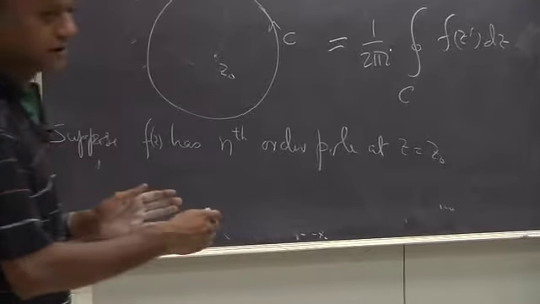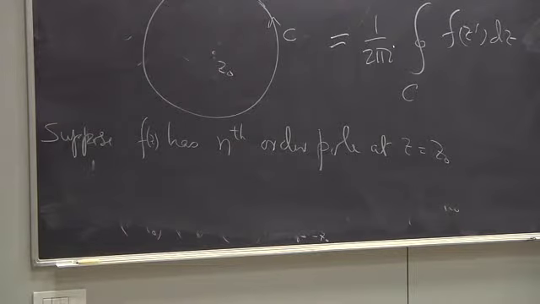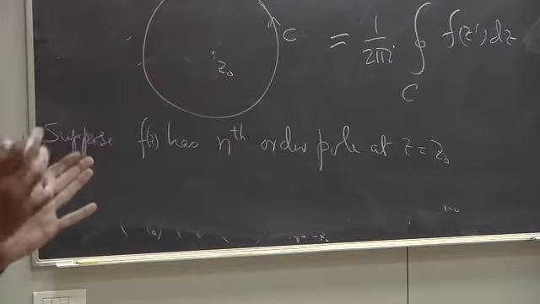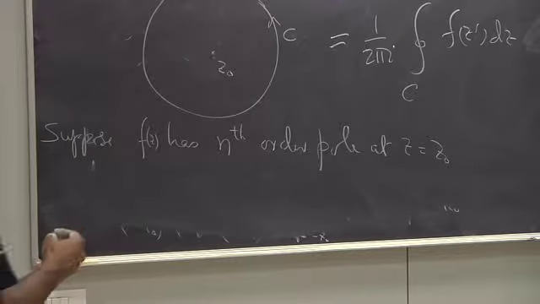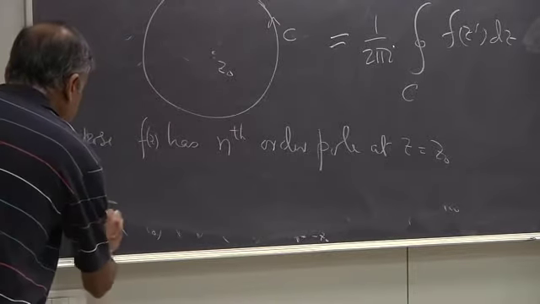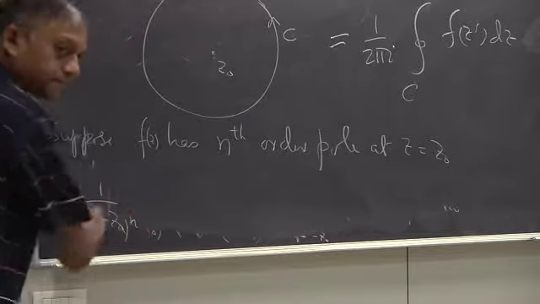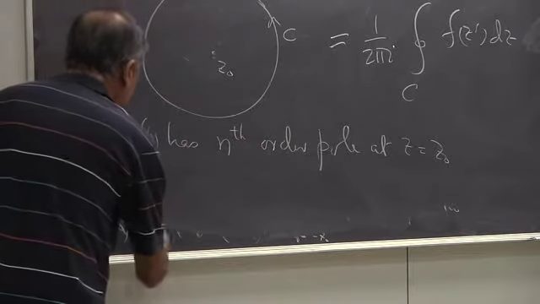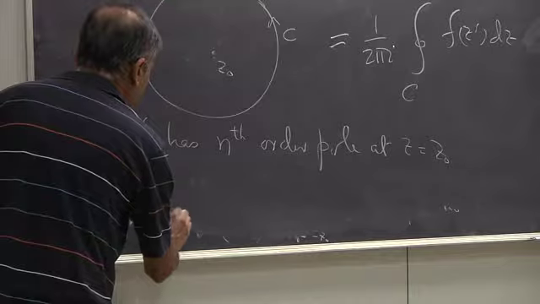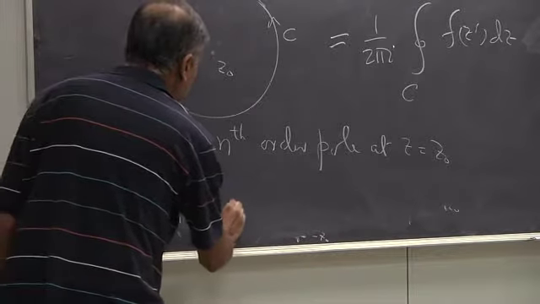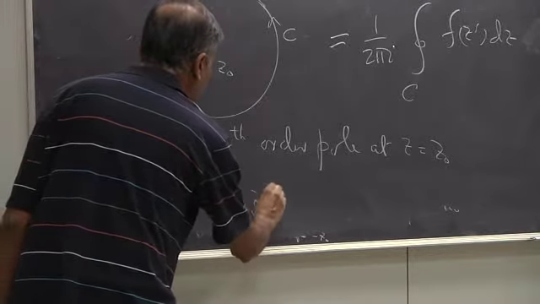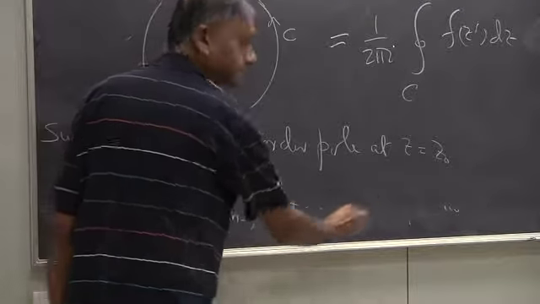What it means is that in the Laurent expansion, the worst singularity will be 1 over z minus z0 to the power of n. So I can take out 1 over z minus z0 to the n outside. Then it will look like d minus n plus d minus n plus 1 times z minus z0 and so on.